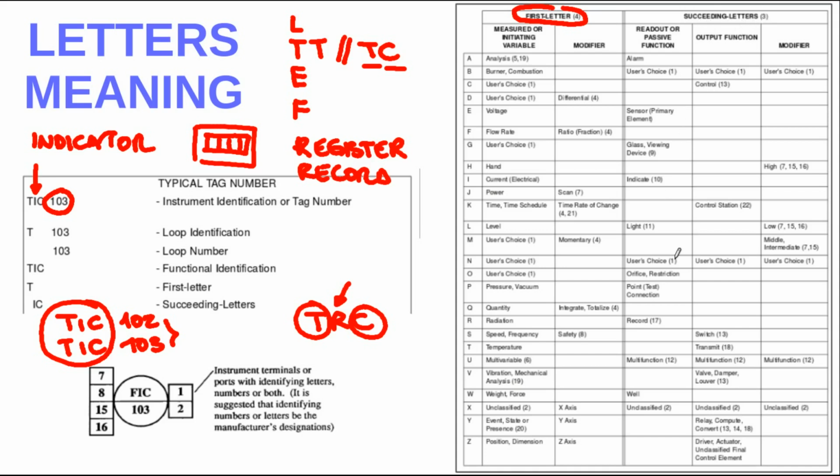So, as you can see, the T as a beginning letter is for temperature, but the T as a succeeding letter is for transmitter, for transmit. And as you can see here, the C as the last letter is for control.